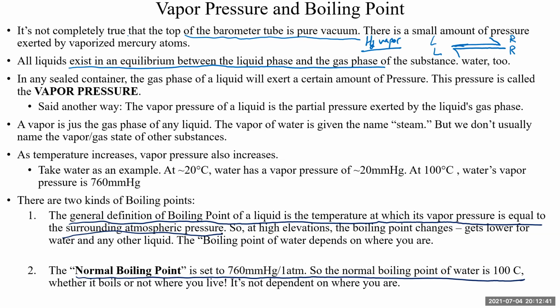So 1/6 of 760 is 12.6 millimeters of mercury. Well, at around 10 degrees Celsius or so, water has this as its vapor pressure, or the partial pressure of H2O. So water would probably boil around 10 degrees Celsius on the surface of Mercury, which probably explains why there's virtually no water on Mercury unless it's frozen.